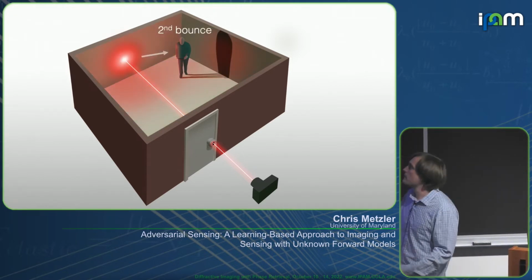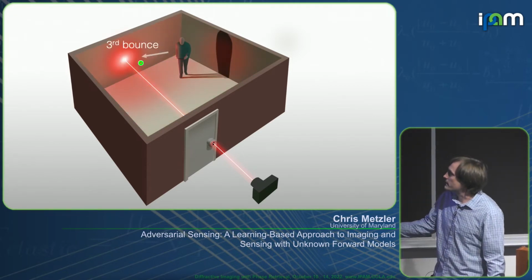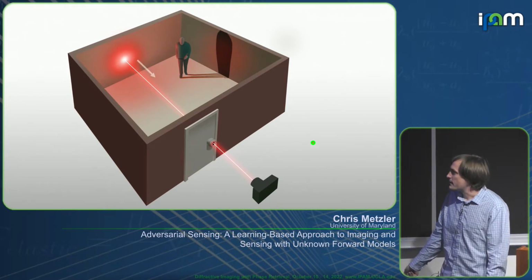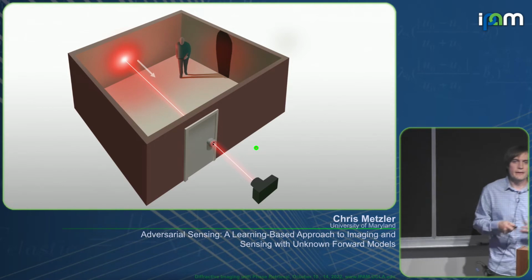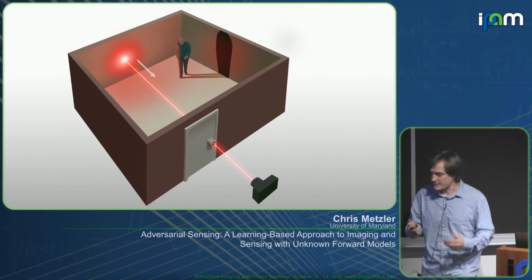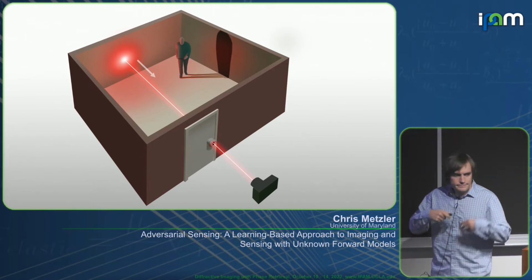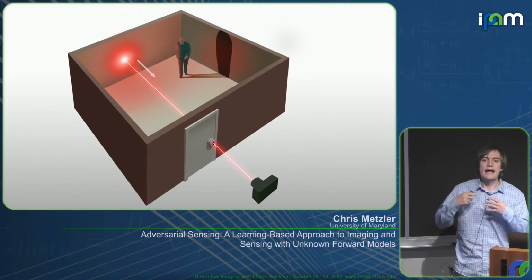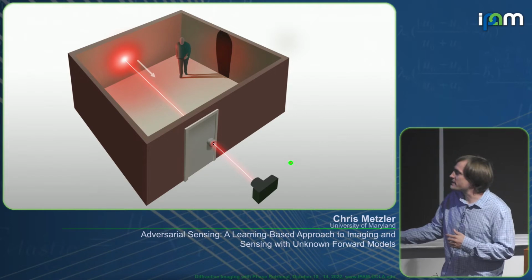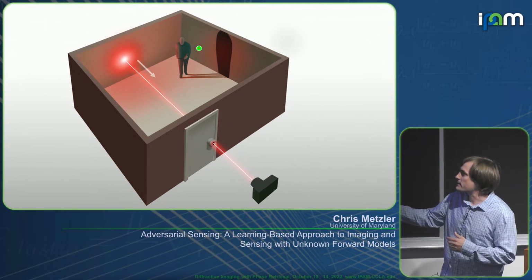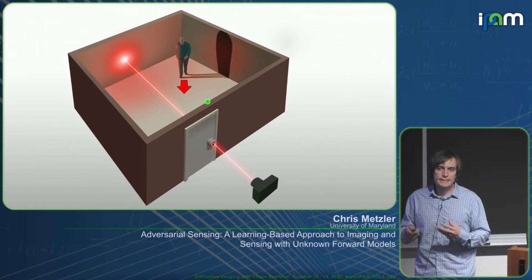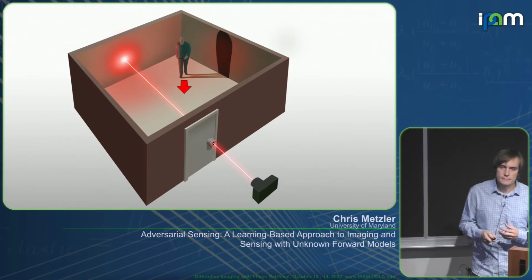Light's going to scatter, interact with the hidden object, come back to the wall, scatter again, and some very small fraction of the light's going to make it all the way back to the time resolved detector. And conventional wisdom says that should be the end of the story. That there's just not enough information from one time resolved measurement to reconstruct much of anything about the hidden scene. But if you assume the hidden scene's moving, then the story changes.